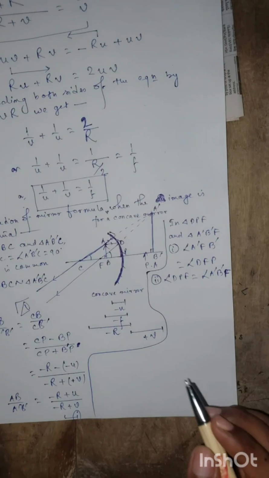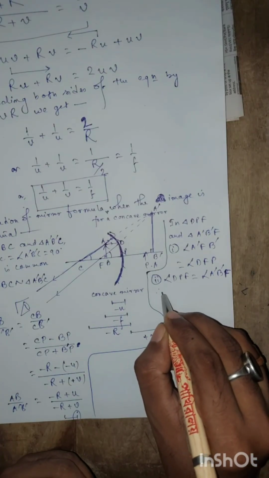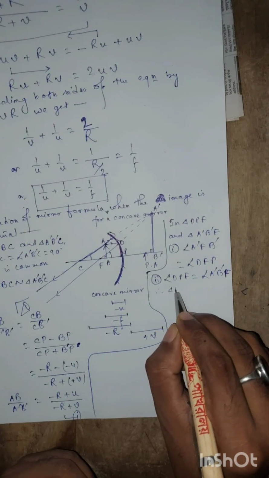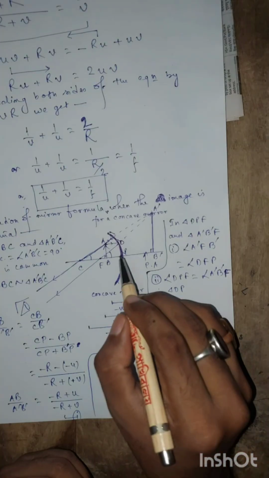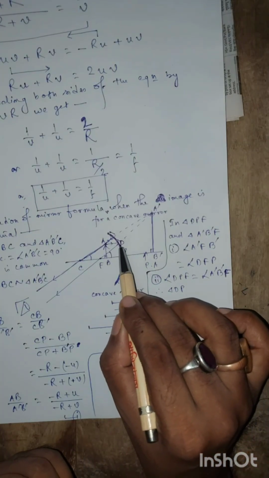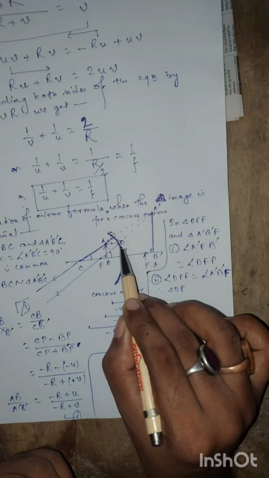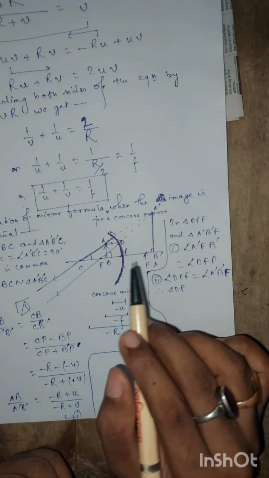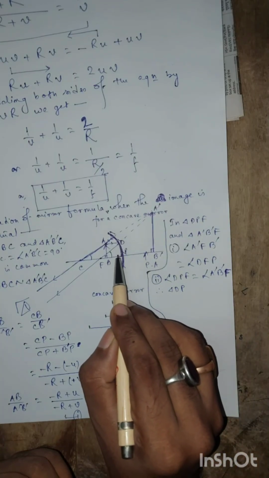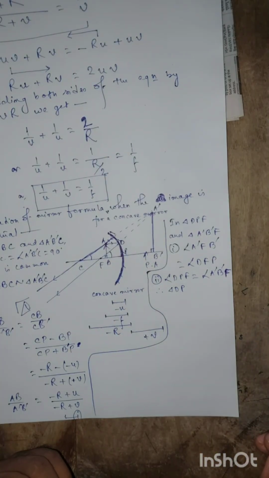Therefore these two triangles are similar. We are assuming that this part is not a curve, this is a line segment, which is 90 degree to the principal axis, the DP part.